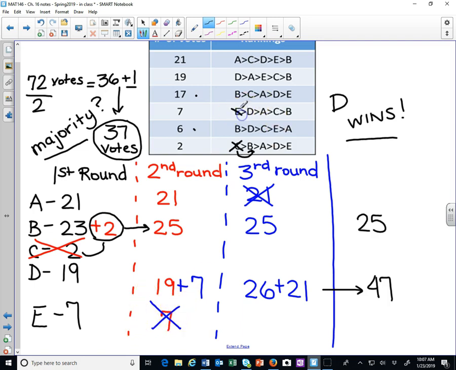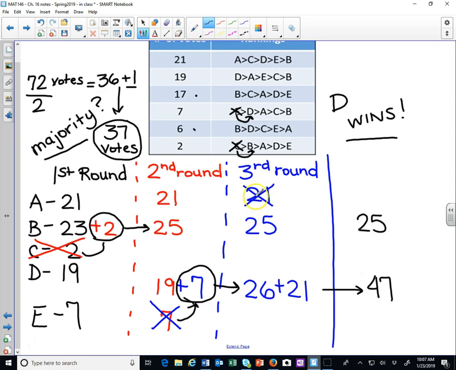We go up here to E and eliminate it, and we see that if those people couldn't have E, they would choose D, right? So D now is going to get E's 7 votes, all right? And then for the next round, we now have A at 21, B at 25, and D is going to be at 26.